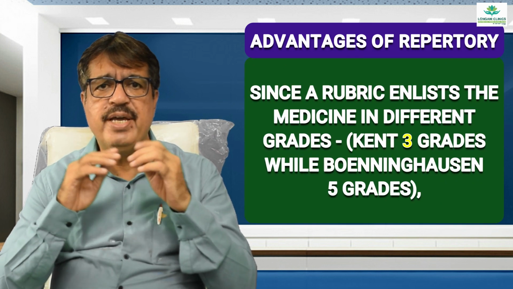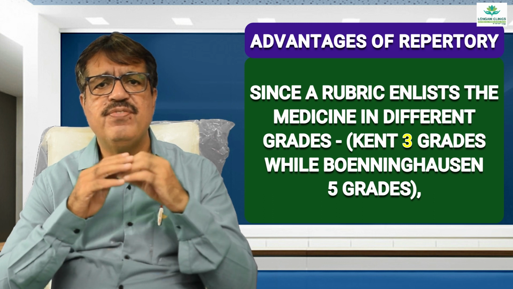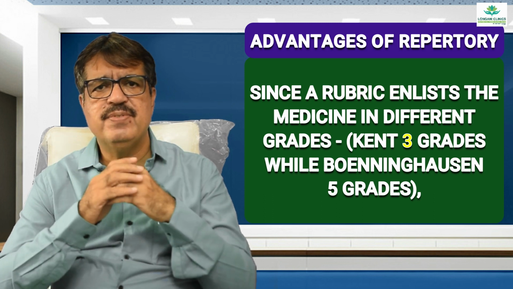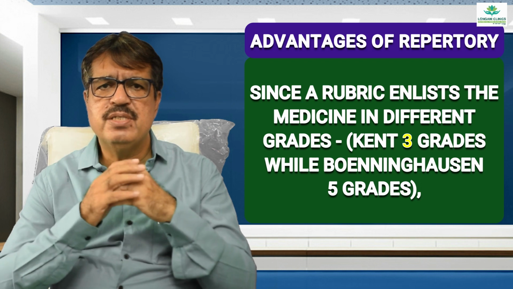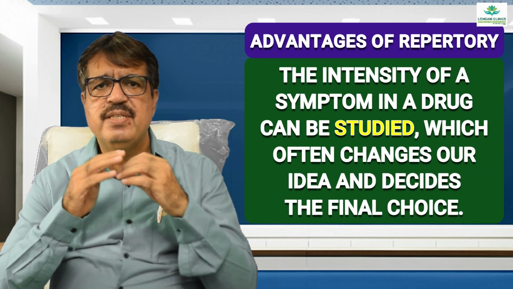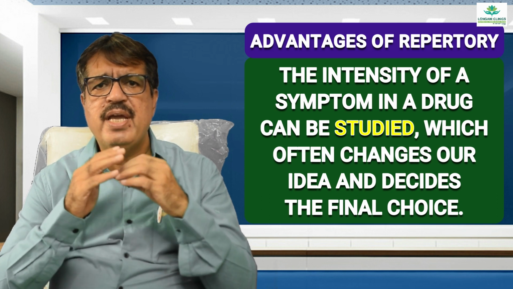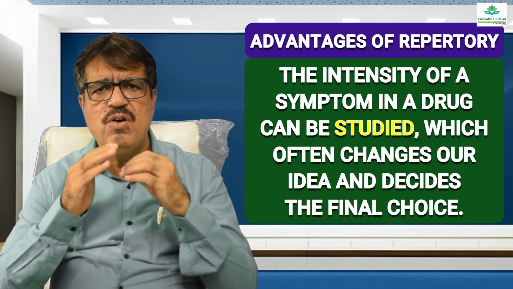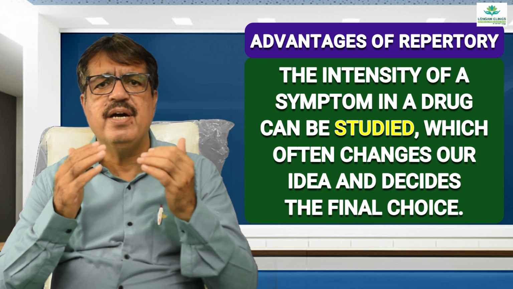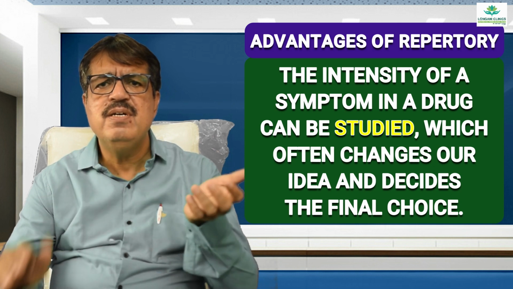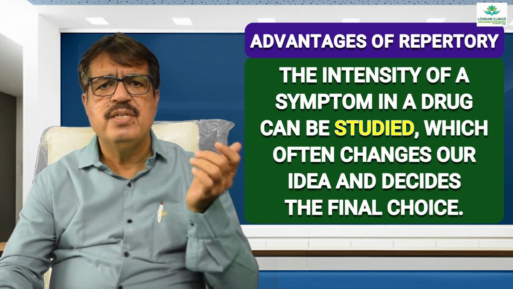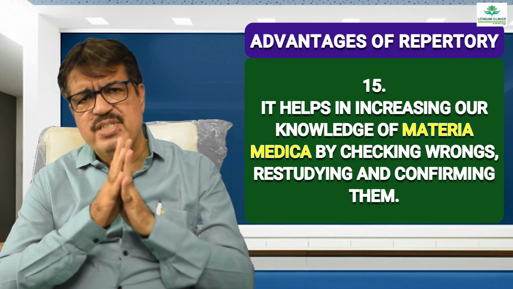Since a rubric enlists the medicine in different grades, Kent has given 3 grades, while Boenninghausen has given 5 grades. The intensity of a symptom in a drug can be studied, which often changes our idea and decides the final choice.